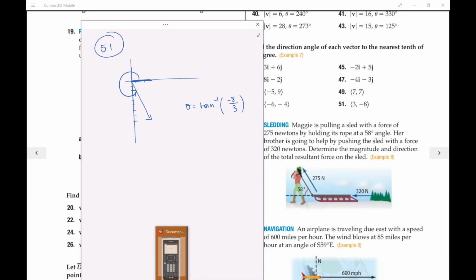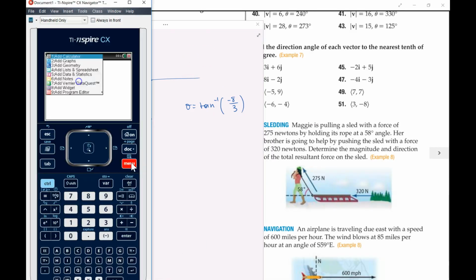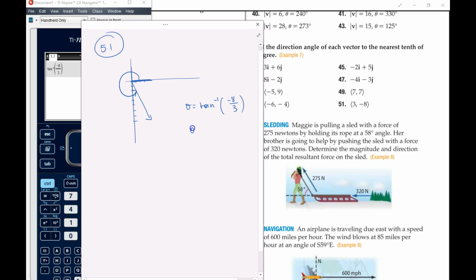And if I put that on my calculator, inverse tangent of -8 over 3, it's -69 degrees. So theta is -69.4 degrees.